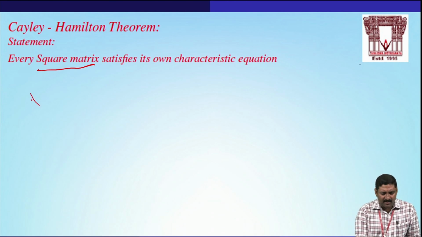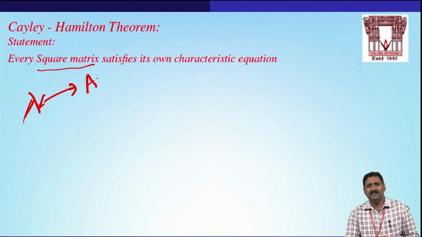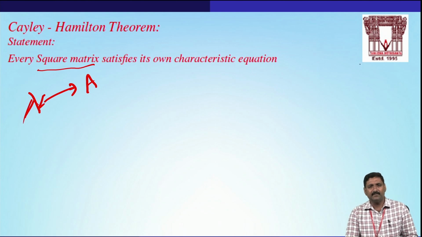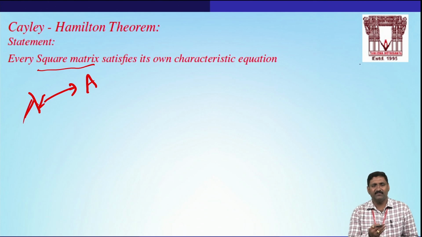In place of lambda, we are going to replace capital A. Then this characteristic equation becomes a matrix equation. By taking the matrix equation, we will take only the LHS part. The LHS part is a matrix polynomial. If the given matrix is of order 3 by 3, you will get a polynomial of degree 3 involving lambda.